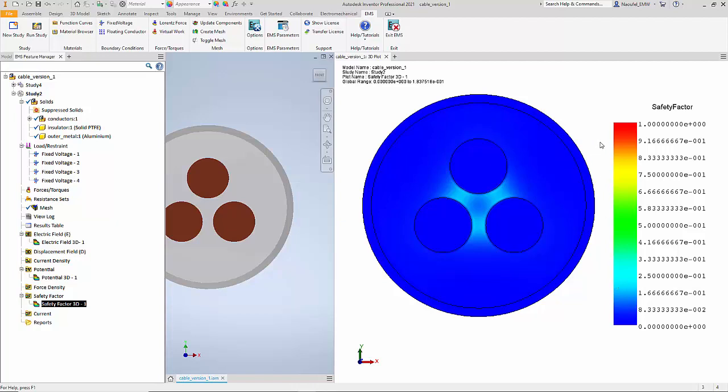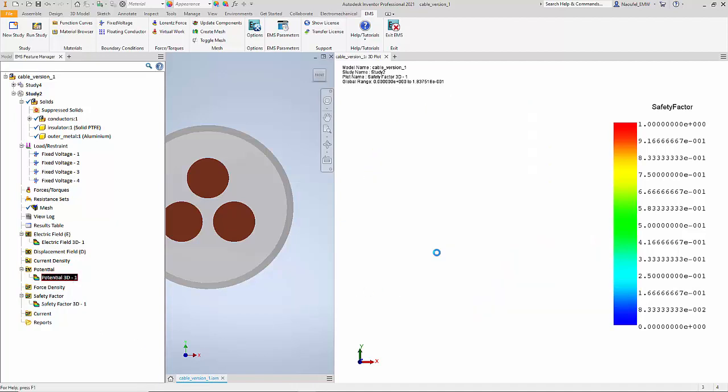And if you recollect from the earlier example, the way to interpret the safety factor is that if you get regions in red, then those regions are vulnerable for breakdown. Because we don't have any, we can safely conclude that this design of a three-phase cable can handle 10,000 volt RMS three-phase.